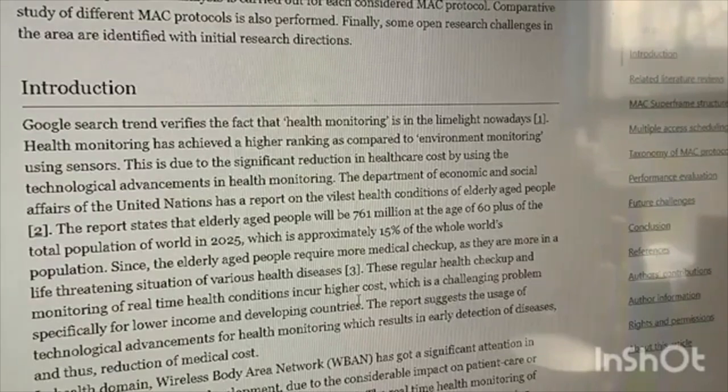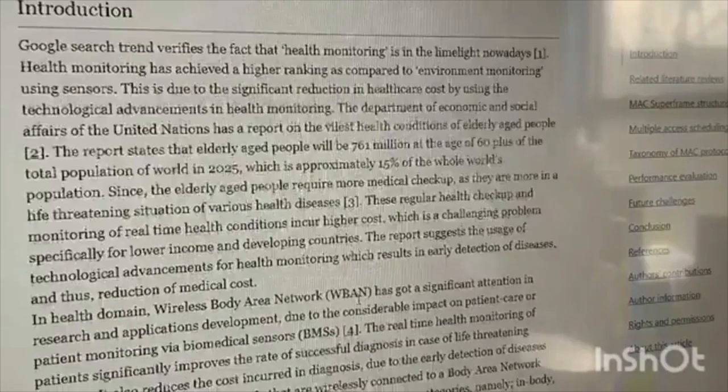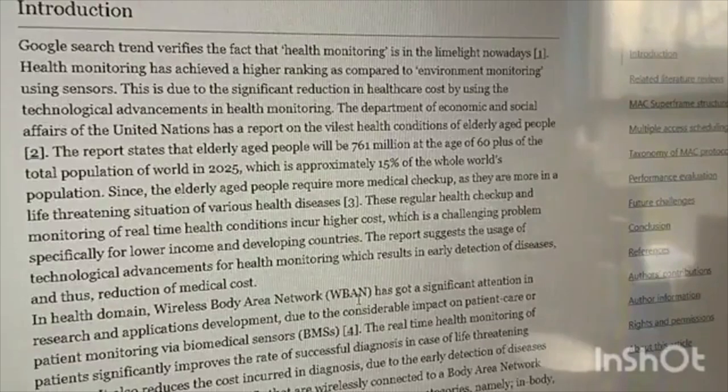These regular health checkups and monitoring of real-time health conditions incur higher cost, which is a challenging problem specifically for lower income and developing countries. The report suggests the usage of technological advancements for health monitoring, which results in early detection of diseases and thus reduction of medical cost.